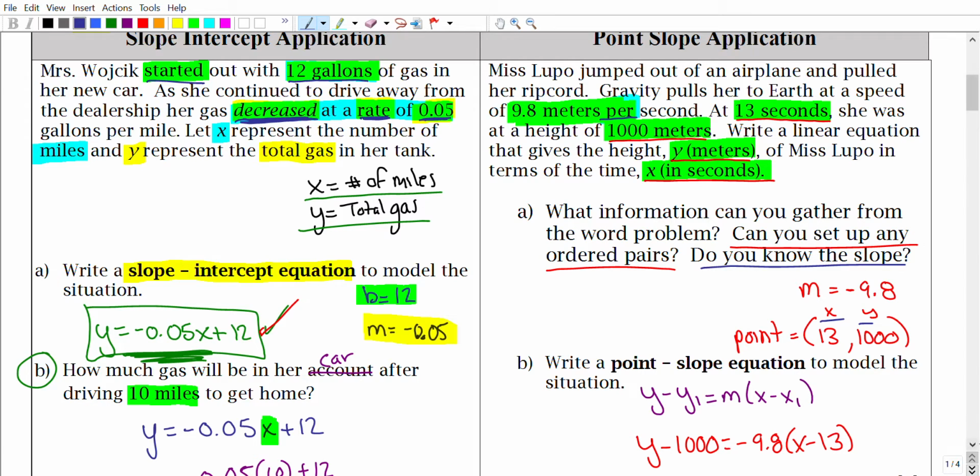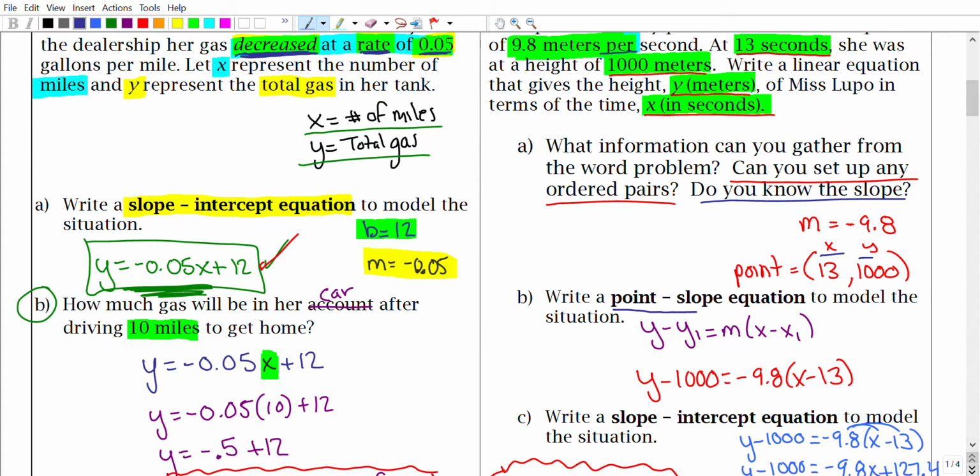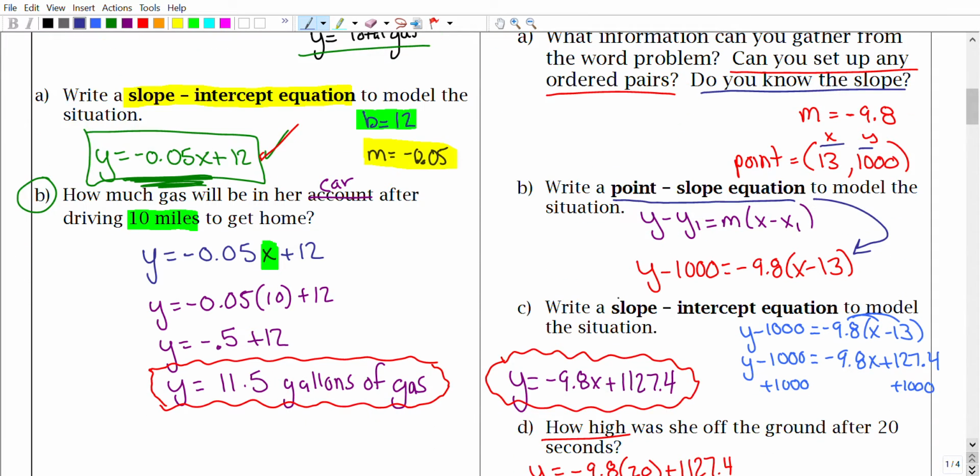Once we had that, we can write a point slope equation like was asked here, which we did right there. Then we were asked to find a slope-intercept equation, which basically just asked us to take that point slope we had earlier and finally rewrite it in slope-intercept form. Okay?